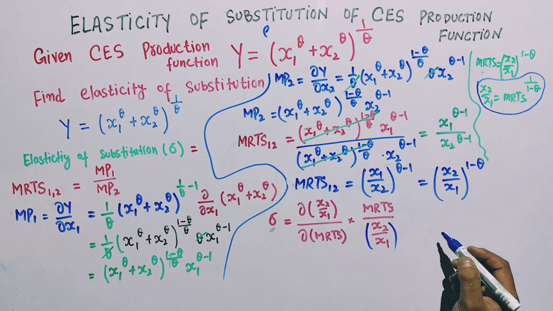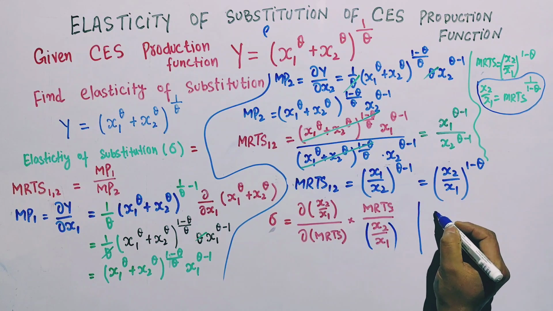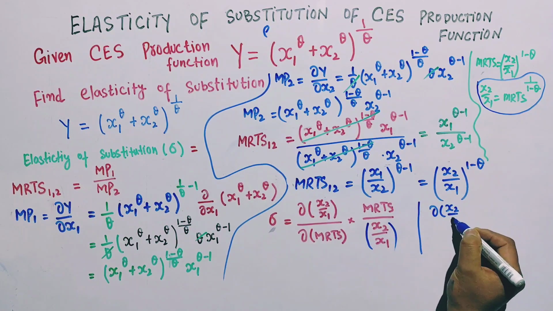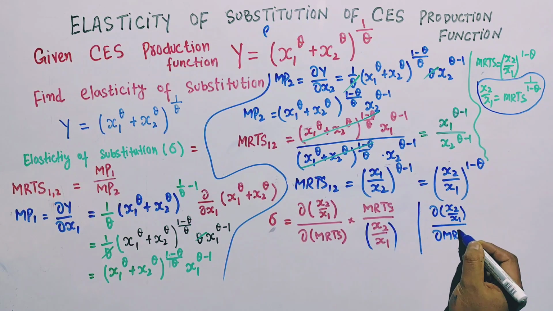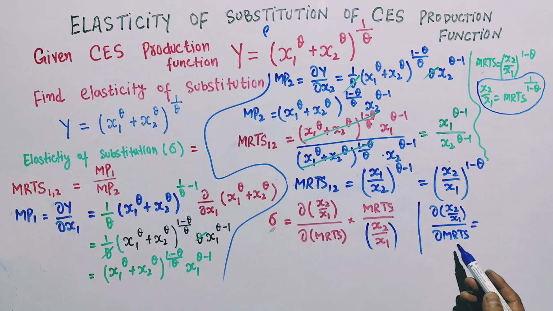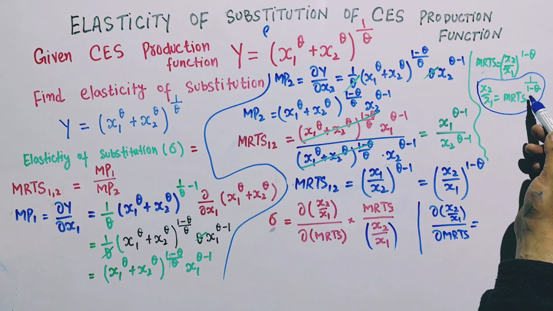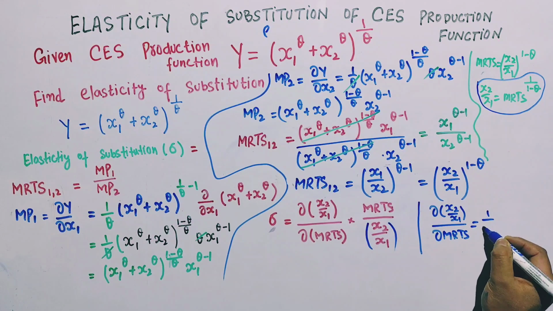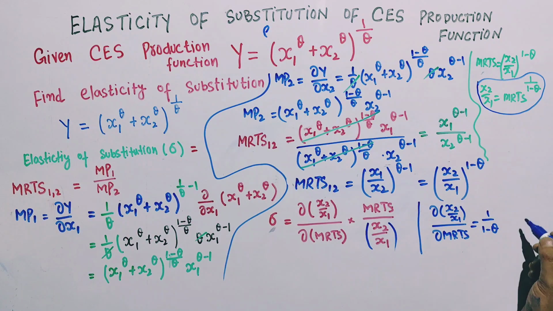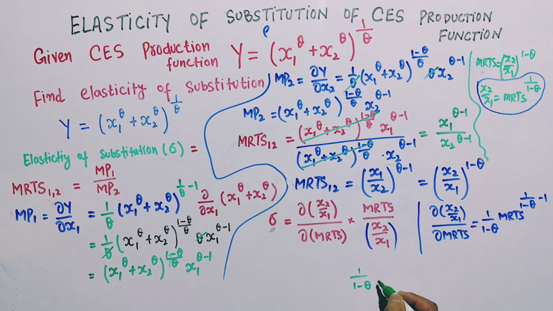So the change in the input ratio x2 upon x1 divided by the change in MRTS: we differentiate the derivative of MRTS raised to the power 1/(1 − θ). By the power function rule, 1/(1 − θ) becomes the coefficient, then we have MRTS raised to 1/(1 − θ) subtracted by 1.